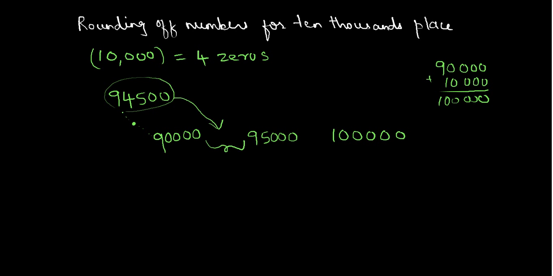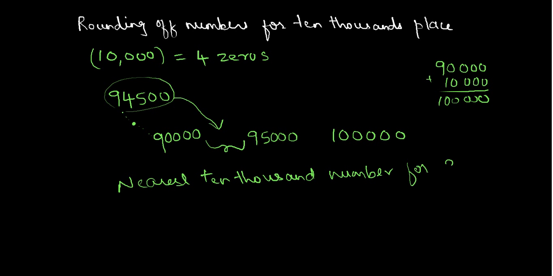So the nearest 10,000 number for 94,500 would be 90,000. Okay, I hope you understood this.